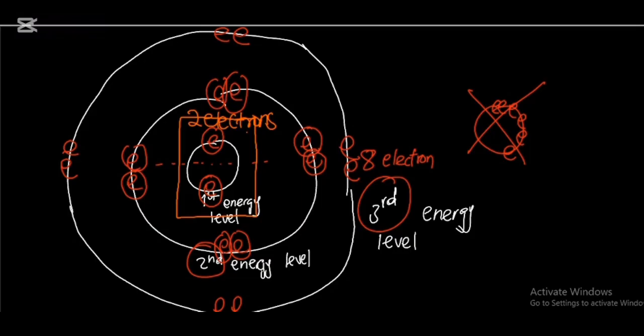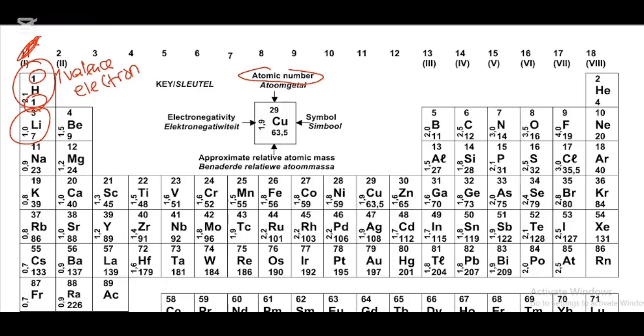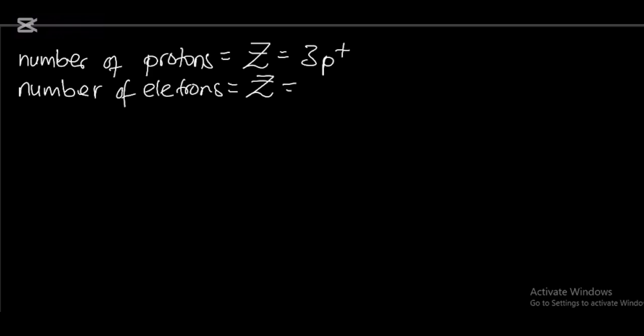So let's go ahead and calculate the number of protons in lithium. The number of protons is equal to Z, which is the atomic number, and we can see that the atomic number of lithium is 3. So here we'll have 3 positively charged protons, and the number of electrons is also equal to Z, which is 3 electrons.